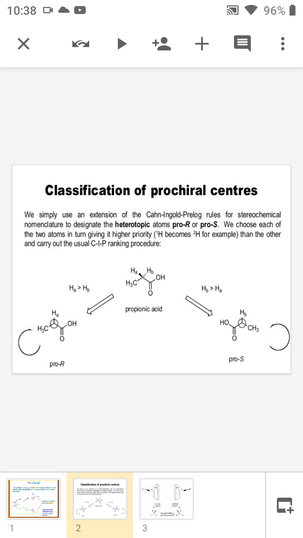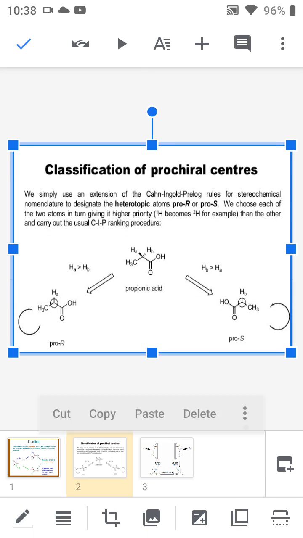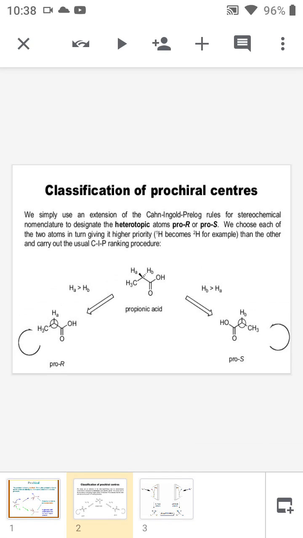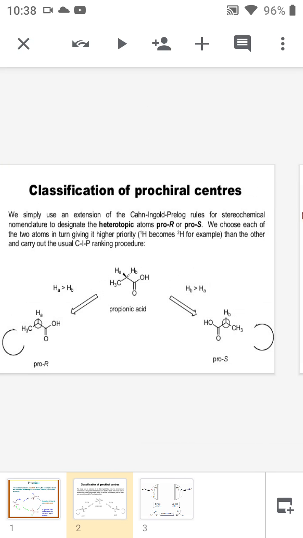If the product has R configuration, then we call the starting material pro-R. If the product is the S variety, then we call the starting material pro-S. So that is the difference between pro-R and pro-S.